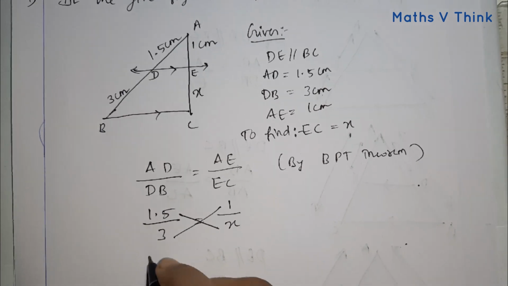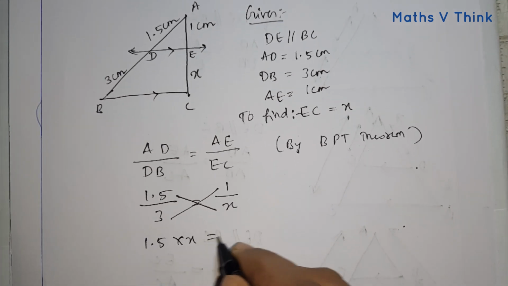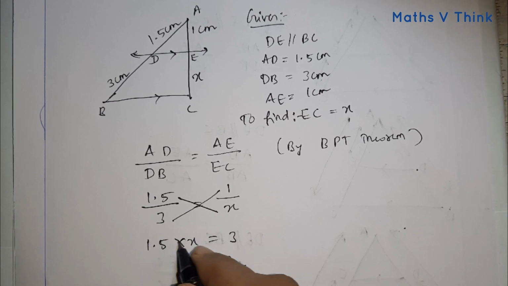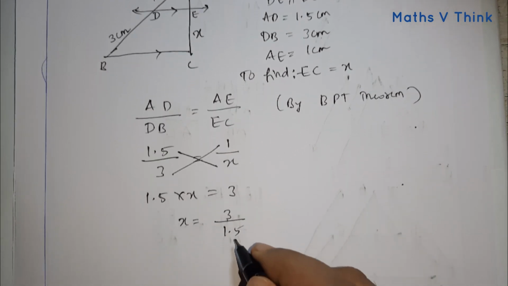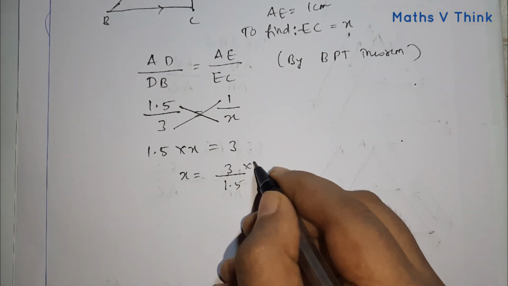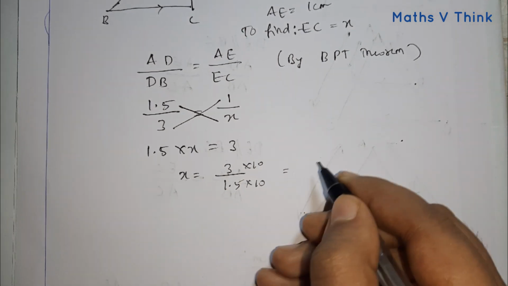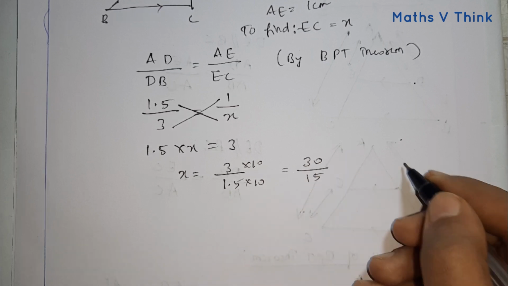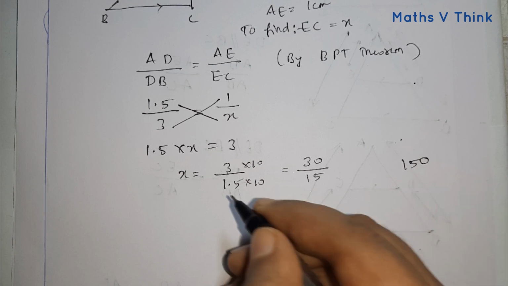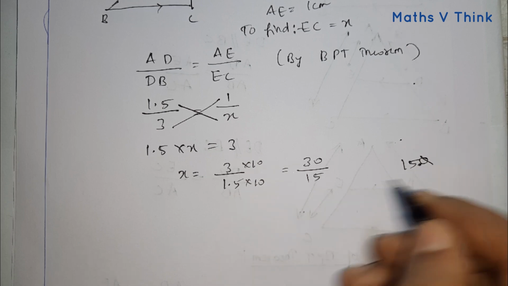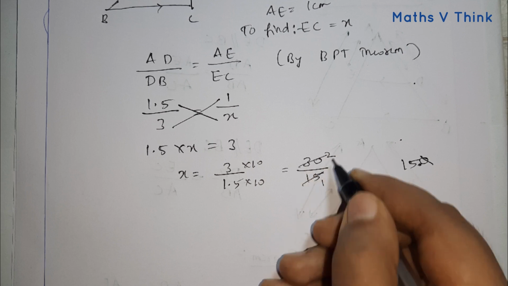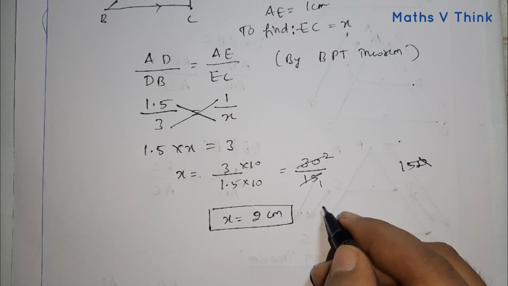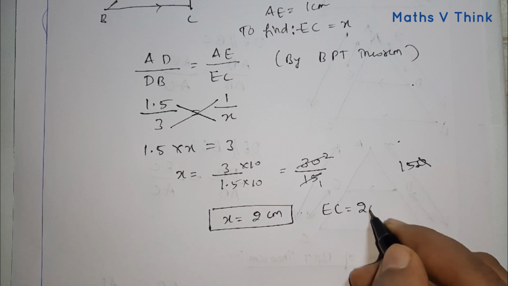So 1.5 into X is equal to 3. So X is equal to 3 divided by 1.5. Multiplying by 10, it is 30 by 15. 15 ones are 15, 15 twos are 30. So X is equal to 2 centimeter. So this is the answer. So write EC is equal to 2 centimeter.